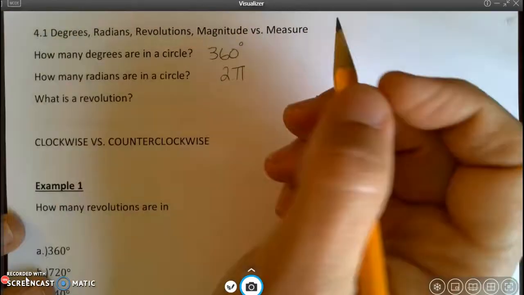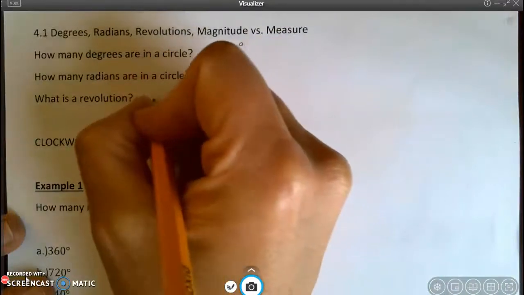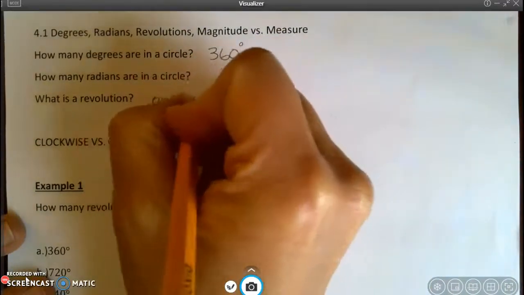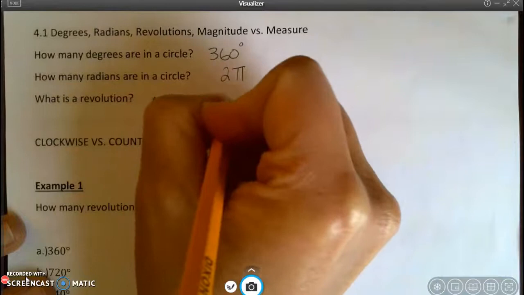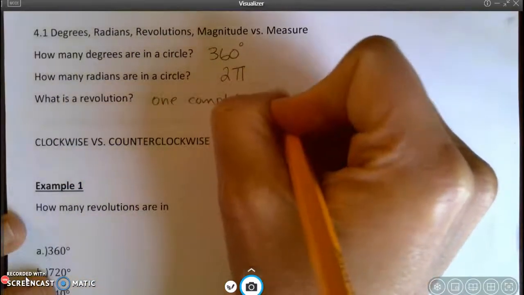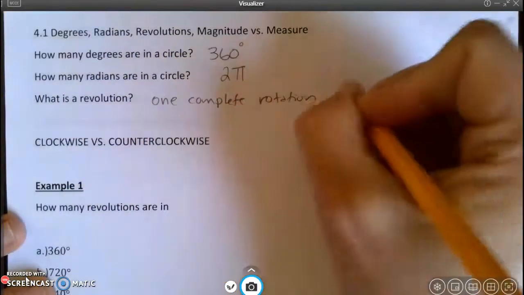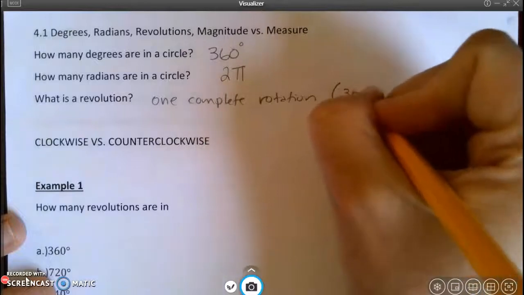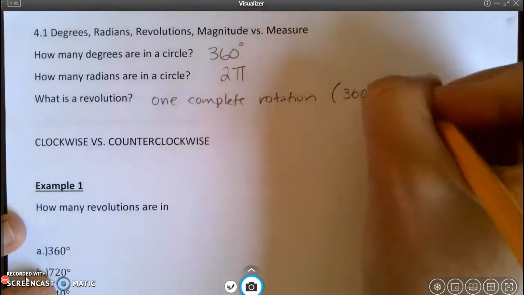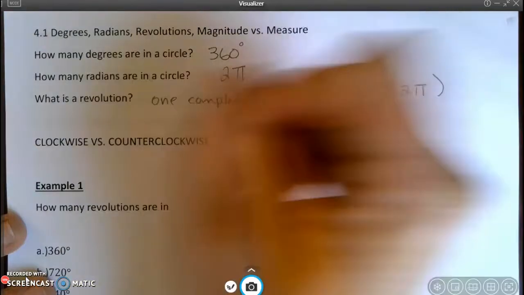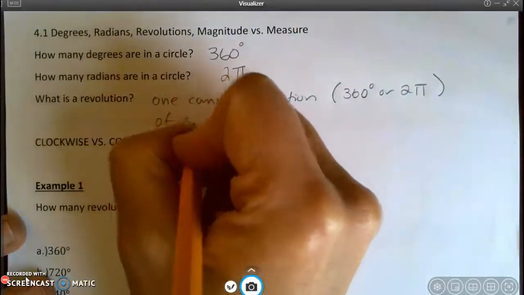And what is a revolution? A revolution is 1 complete rotation, 360 degrees, or 2 pi radians of a circle.